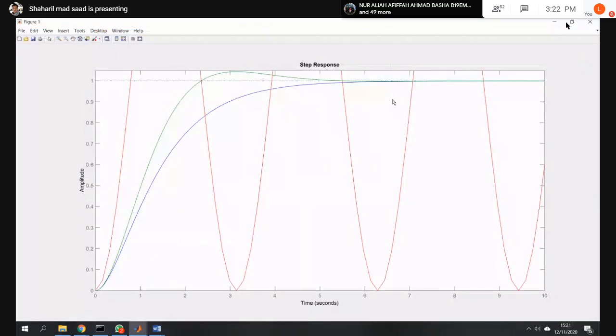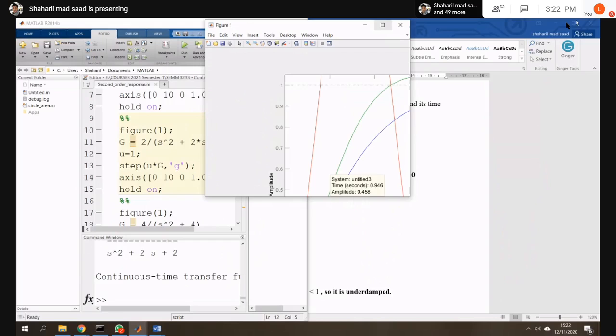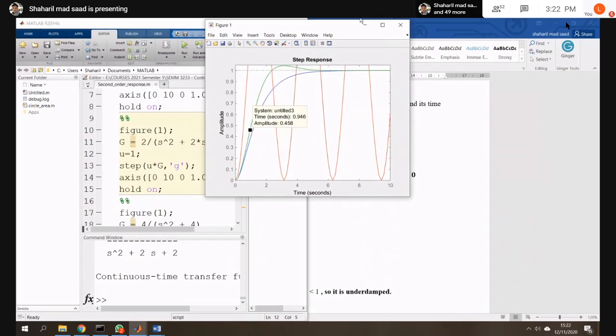First, the blue color one is overdamped, and the red color one is undamped, there is no damping, and the green color one is underdamped.